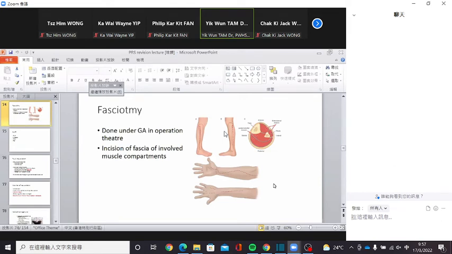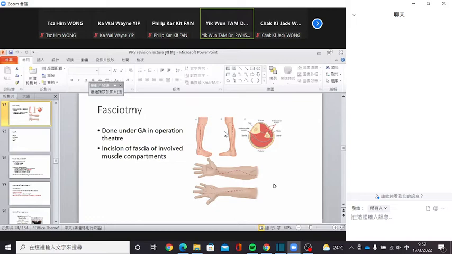So the difference between a fasciotomy and an escharotomy is that in fasciotomy, we open up also the fascia. So when are we doing an escharotomy and when are we doing the fasciotomy? If the compartment syndrome is purely due to a constricting eschar, and most of the time that happens in a circumferential full thickness burn, then we will proceed with an escharotomy.